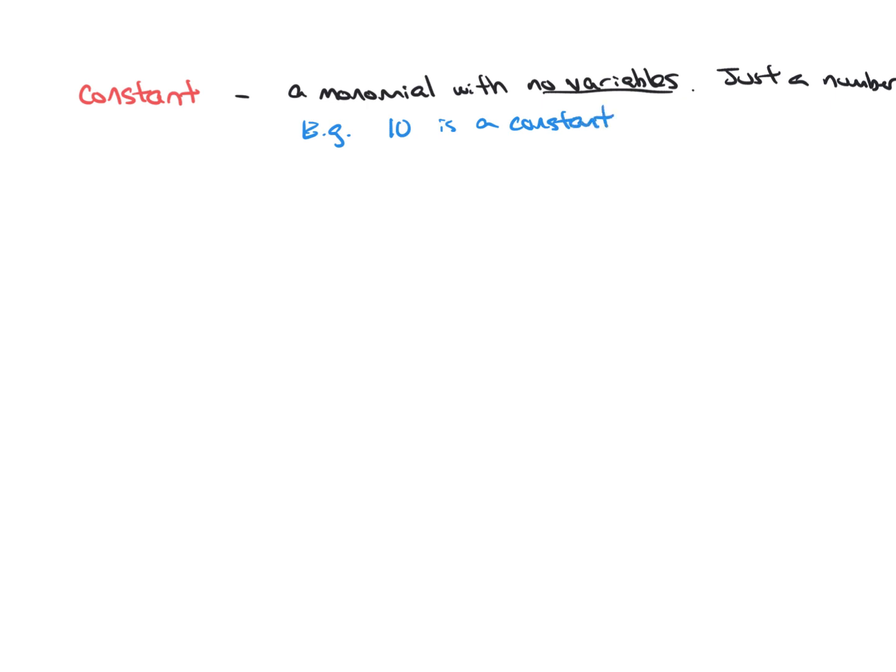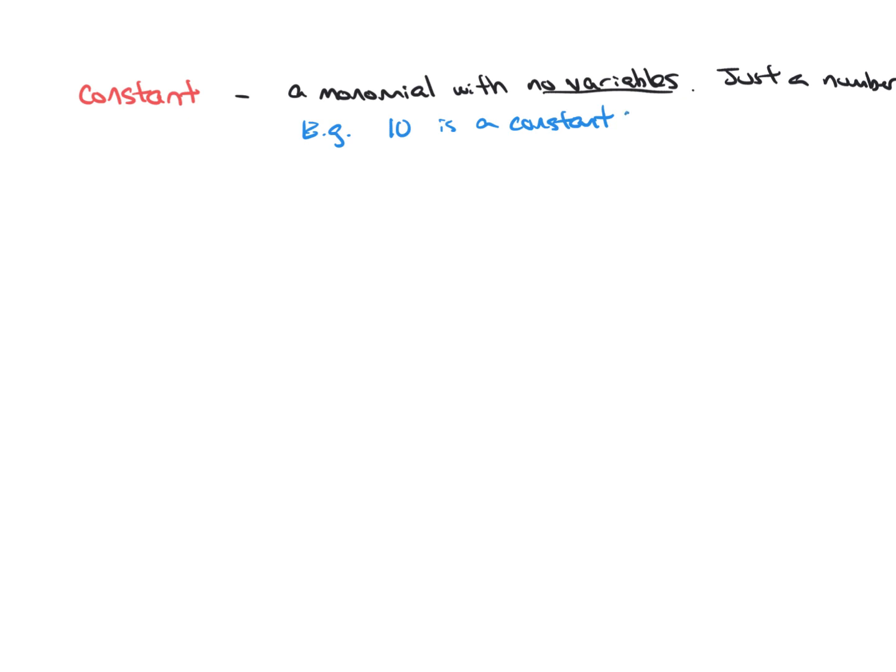Okay, so we can talk about the same properties of even a constant. What's the degree of this? The degree is the sum of the exponents on the variables. But that's nothing. That's zero. There are no variables, so there are no exponents on any variables, so they all add up to 0.